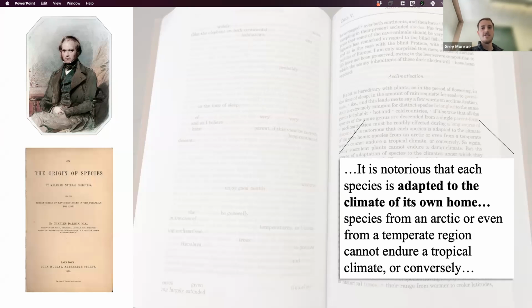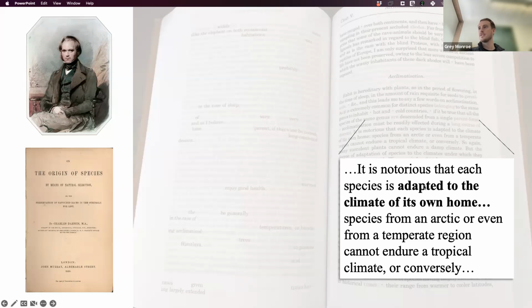So there's this phenomenon of local adaptation to climate within species and between species that has been known and discussed for a very long time. By studying these processes and developing a deeper understanding of their genetic basis, we're hoping that we can apply this knowledge to make better decisions in the face of climate change.